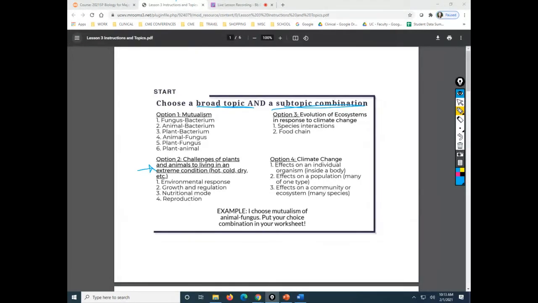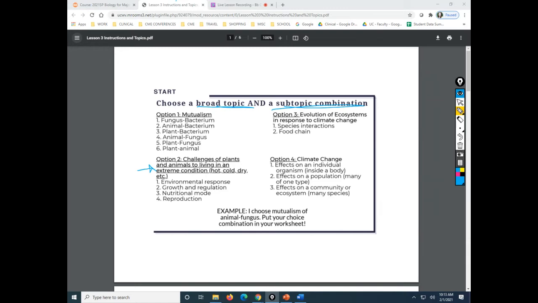For option 3, I might be interested in how groups of animals are responding to climate change. So species interaction, just literally 2 or more species, or a community perhaps, as they respond to climate change.